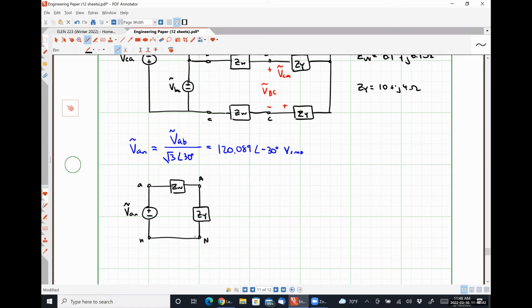So what can we use this equivalent circuit representation to solve for directly? A couple of different things, right? We can figure out what our line current is, IAA. We can figure out what our phase current is, IAN. We can figure out what our phase voltage is, VAN. Are any of these three quantities actually what we're looking for?